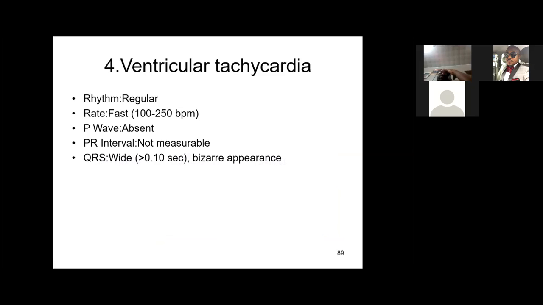Ventricular tachycardia. The rhythm is regular, the rate is fast, the P wave is absent, because as you know, the cardiac pacemaker is no longer in the sinoatrial node in this case.